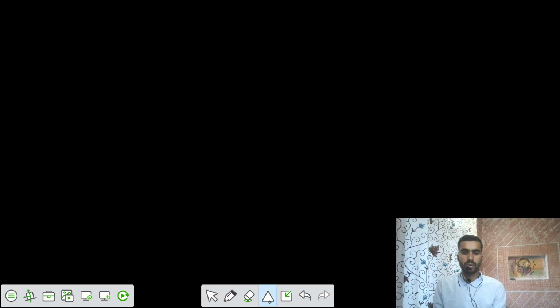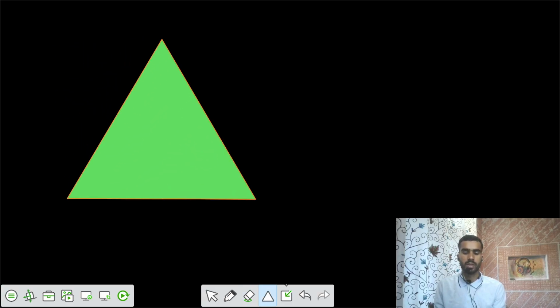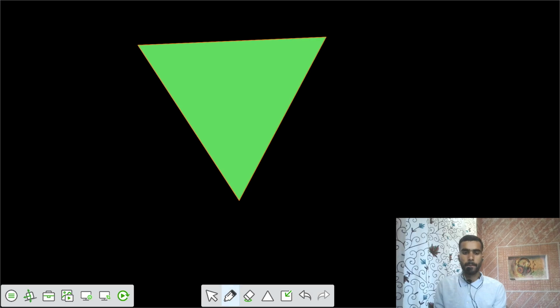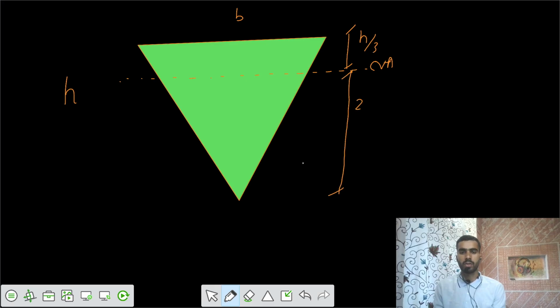We have the neutral axis, and let's say the total height is h and the maximum width is b. So I would say the centroid would be at h by 3 from the top. So this is the neutral axis, or centroidal axis, at a distance of h by 3. That means this part left over is equal to 2h by 3.